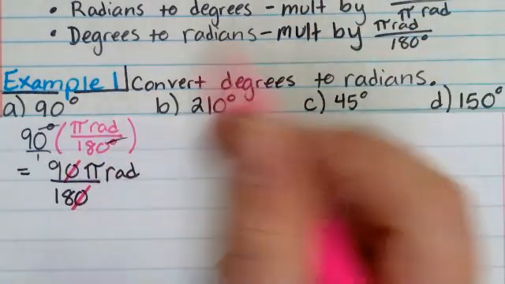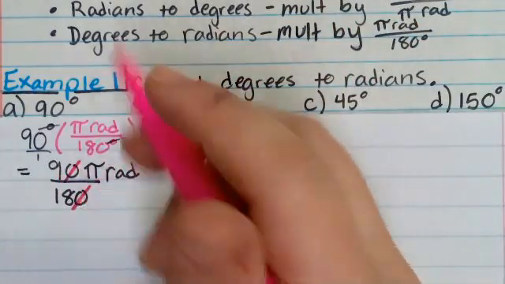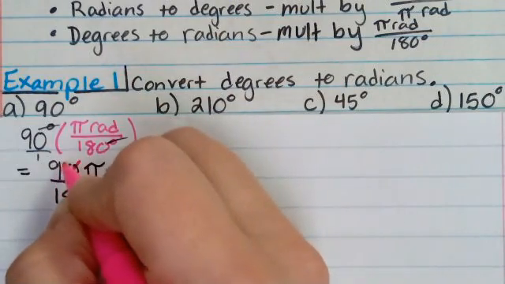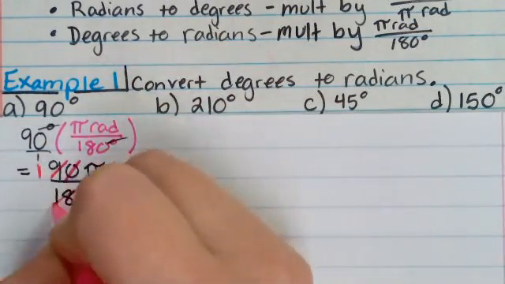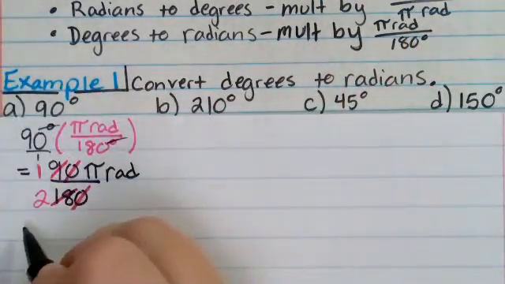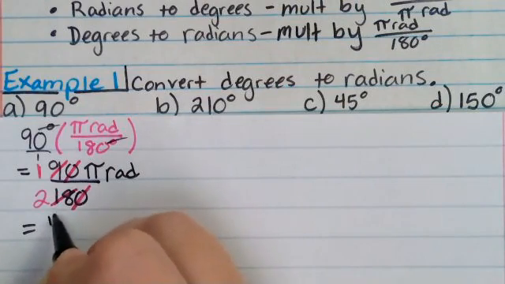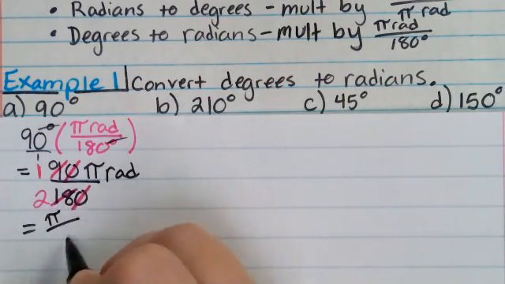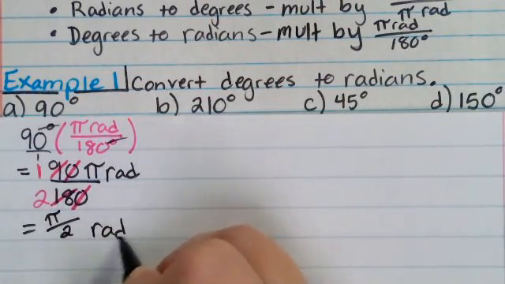The 9 over 18 reduces more because 9 goes into itself once and into 18 twice. So this really and truly reduces down to 1 pi over 2 radians.